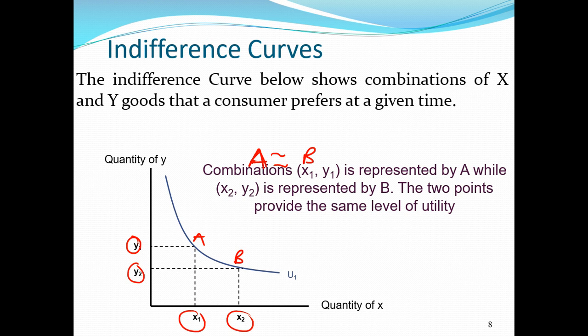So combinations X1, Y1, we put A there, then X2, Y2, we put B. The two points provide the same level of utility. No wonder they are falling on the same indifference curve.